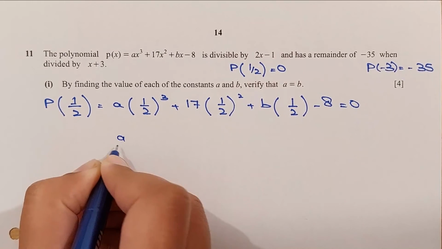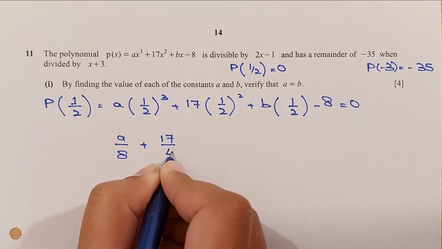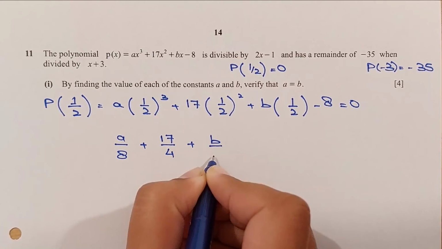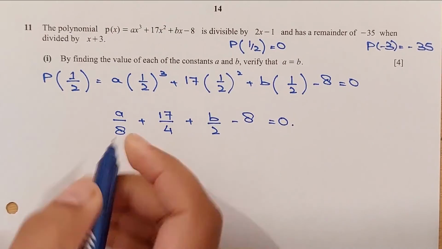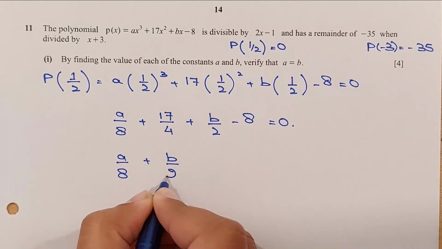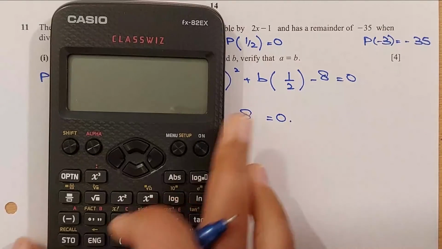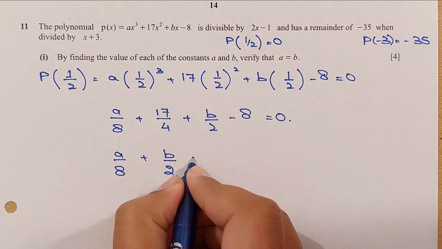So here we have a by 8 plus 17 by 4 plus b by 2 minus 8 equals 0. Right, so we have a by 8 plus b by 2, and 17 by 4 minus 8. 17 divided by 4, subtract 8 is minus 15 by 4, or shifting to the other side, it is just 15 by 4.